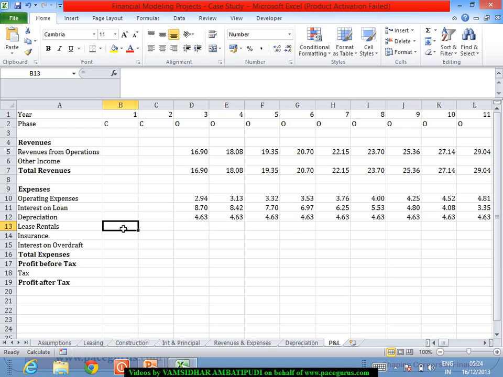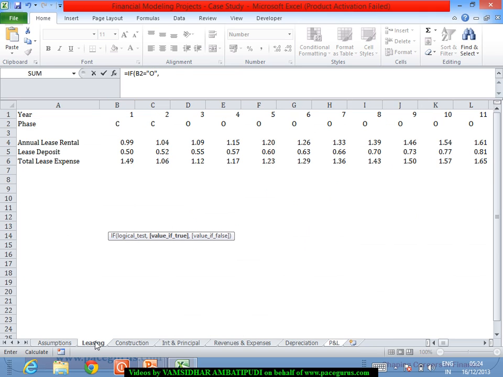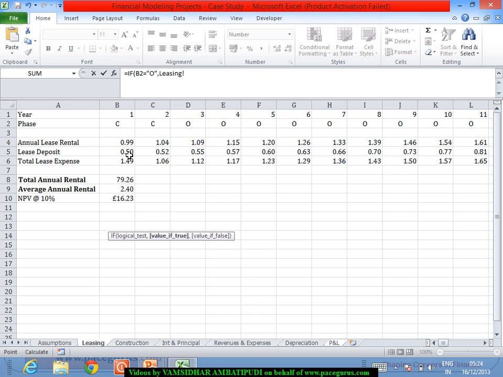Similarly, we are talking about lease rentals. The same logic, if this is equal to O, I am bringing in whatever my leasing sheet was. If that was equal to O, I would point to this particular value as the lease rental.